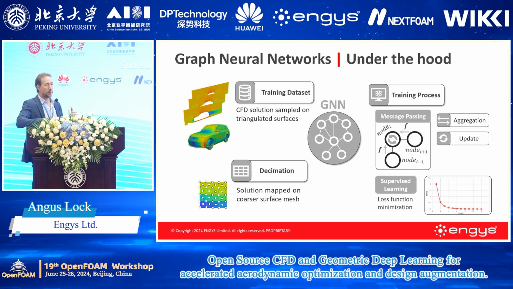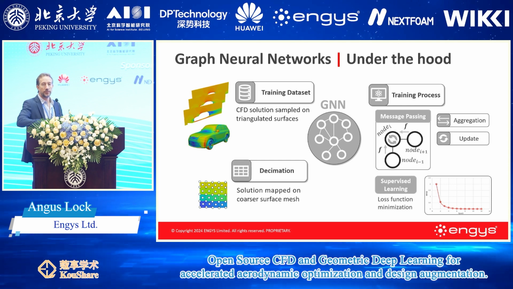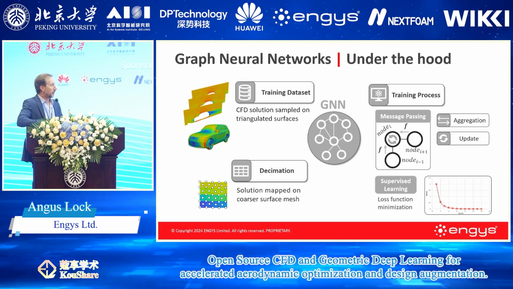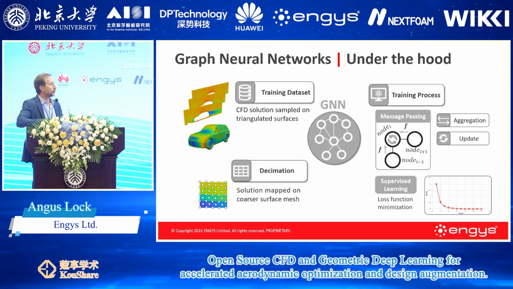The next step in that process is that the surfaces have to be decimated to reduce the effort that's required for the graph neural network. And the solution is mapped onto this coarser mesh.